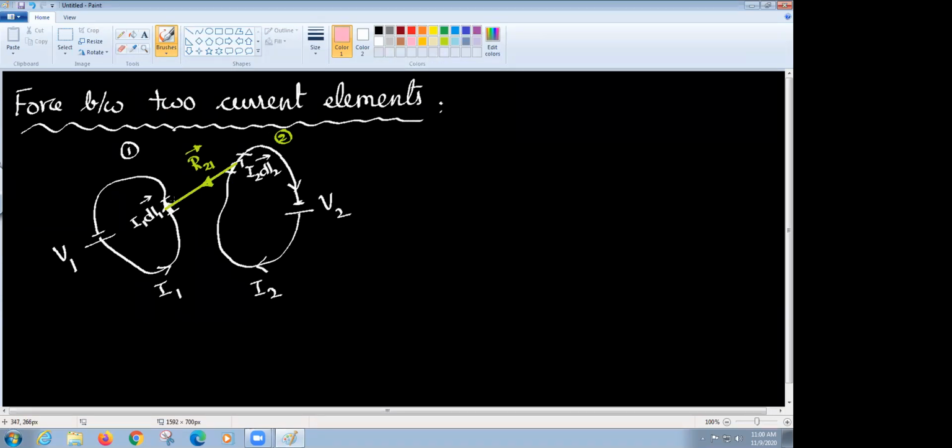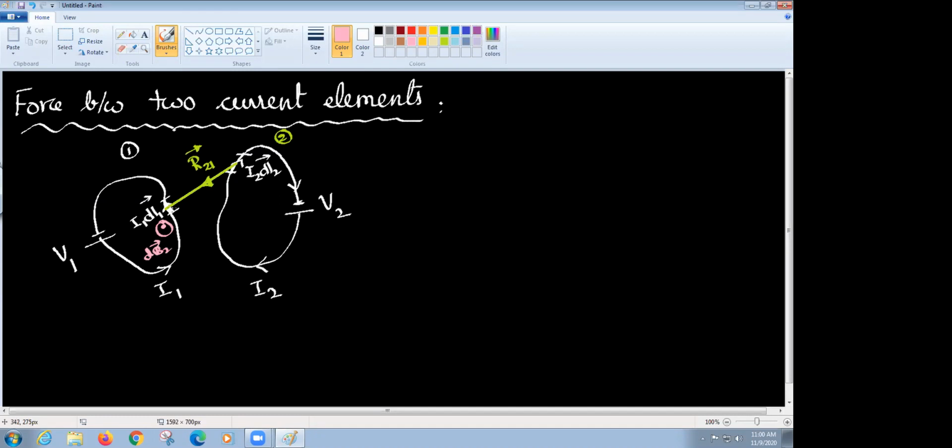See, I2 dl2 will induce magnetic fields all around this current carrying conductor. So if you take some magnetic induction here, this dB2 will come out like this.